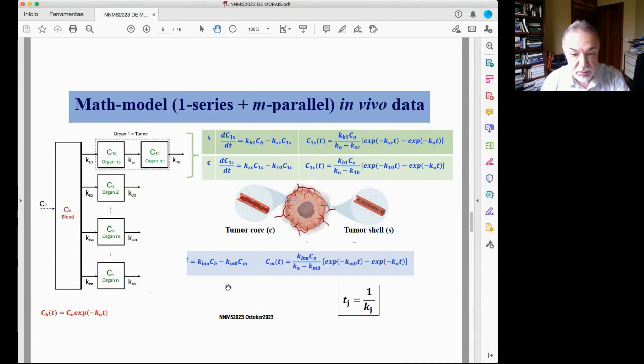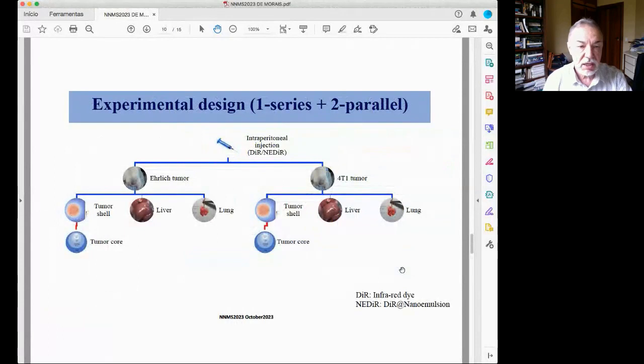And for the two other compartments, lung and liver, here are the differential equations we need to solve. So what was the design of this experiment?